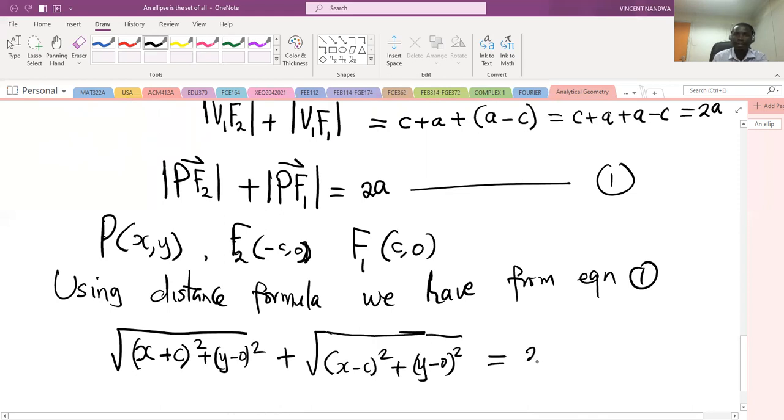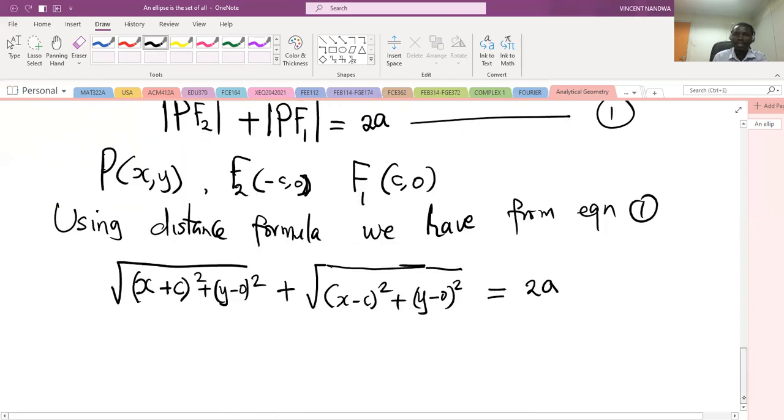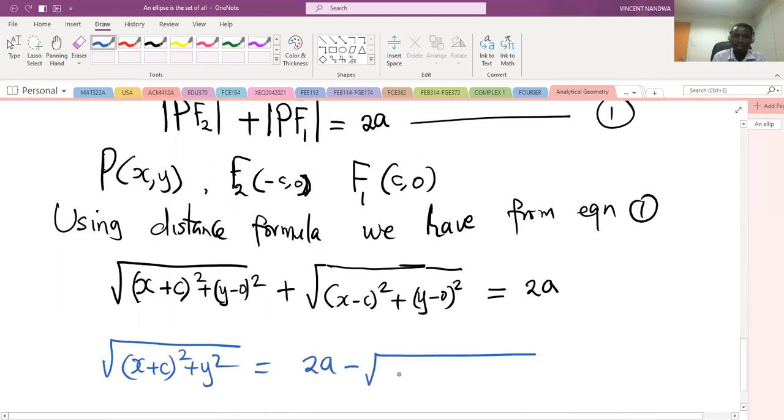This will give us 2a. This is just how we find the distance between 2 points. To simplify this expression, or to move the square root sign, we take this term to the right-hand side. So we say the square root of (x plus C) squared plus y squared equals 2a minus the square root of (x minus C) squared plus y squared.